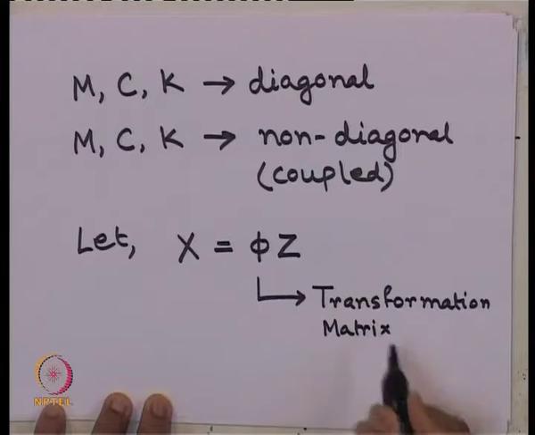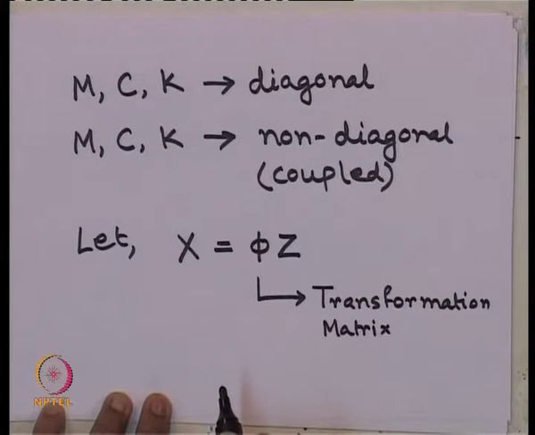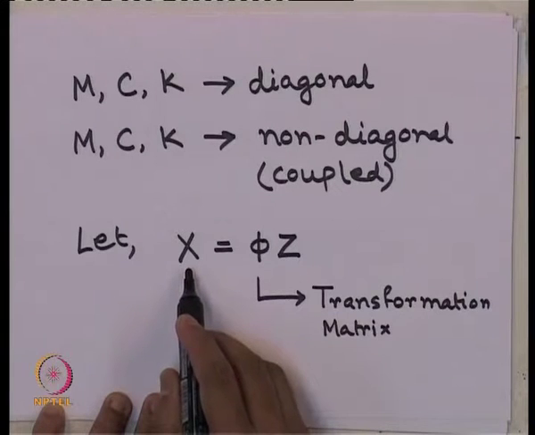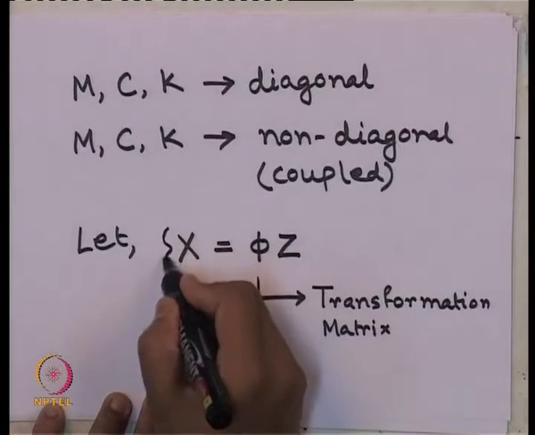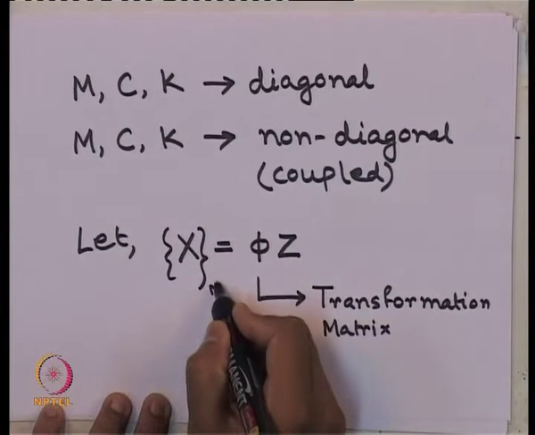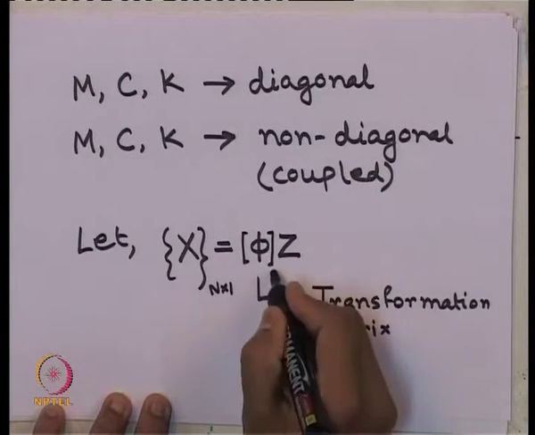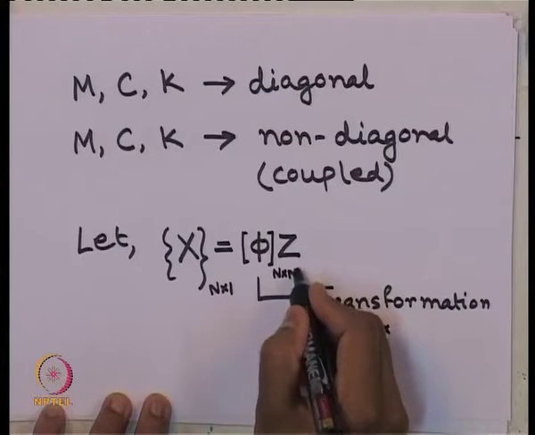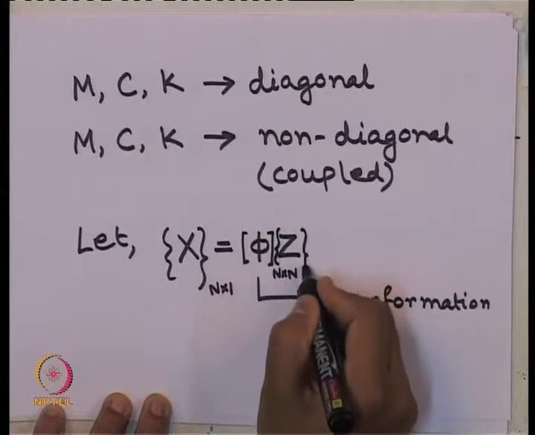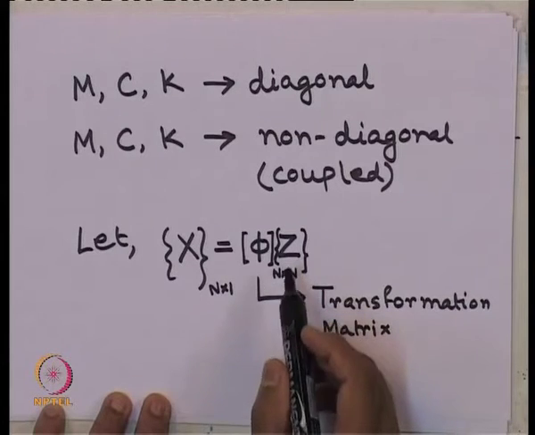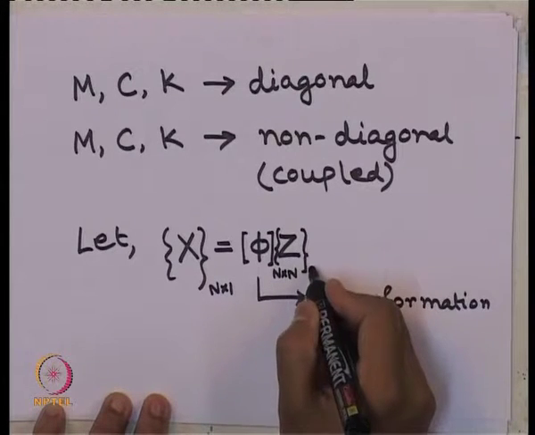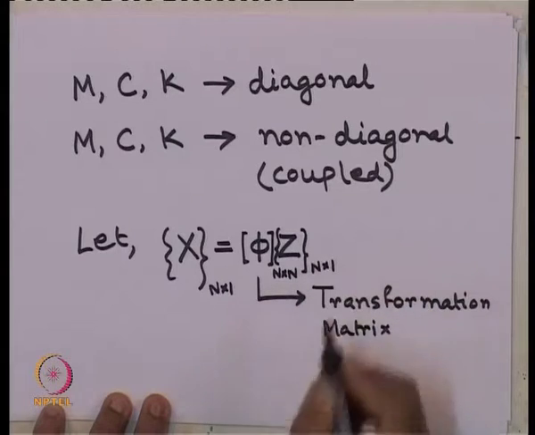So, if we have considered an n degrees of freedom system, this x vector will be of size n by 1, the transformation matrix will be of size n by n, and the new coordinate vector z will be of size n by 1.